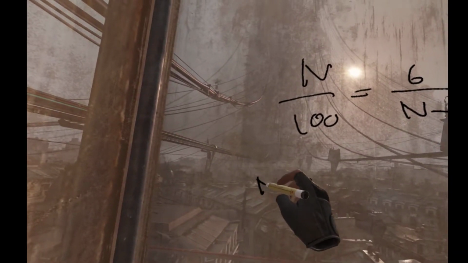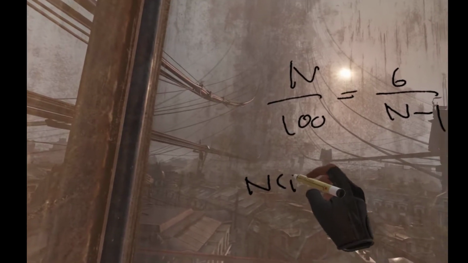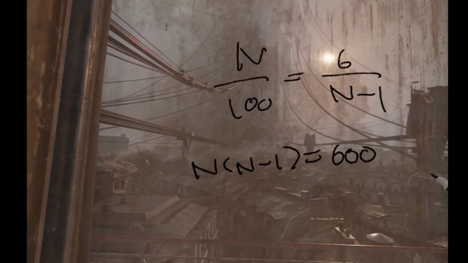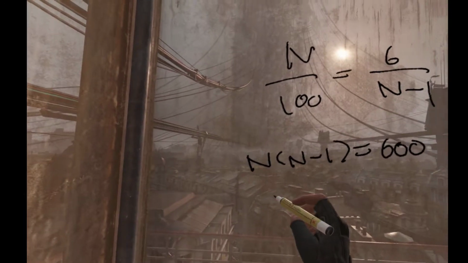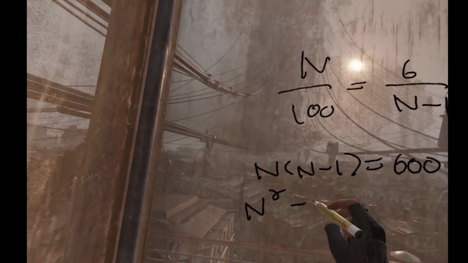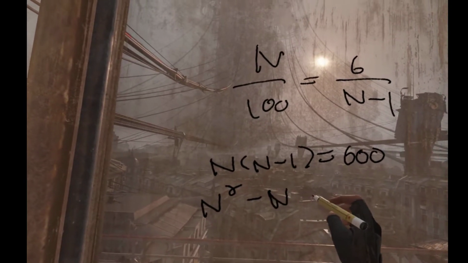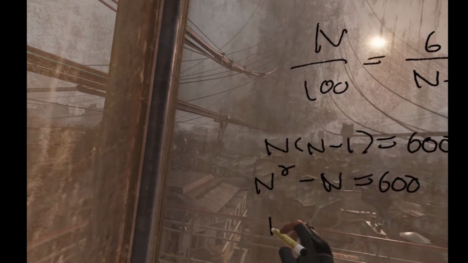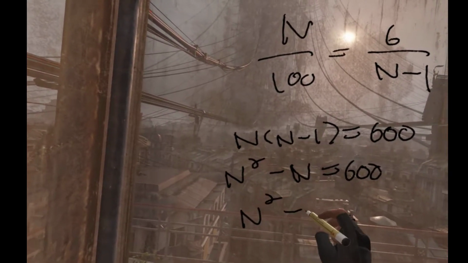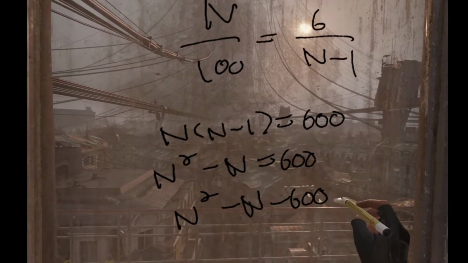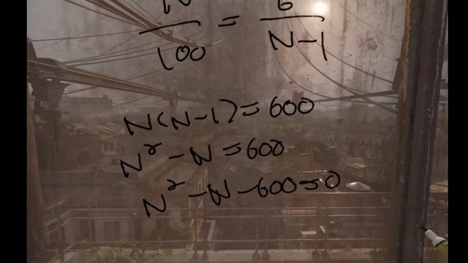So we have n times n minus 1 equals 600. If you multiply by n there, you get n squared minus n equals 600, which brings you to n squared minus n minus 600 equals 0.